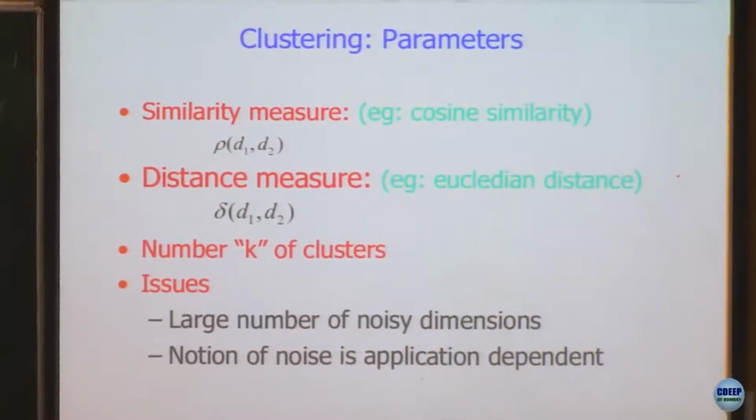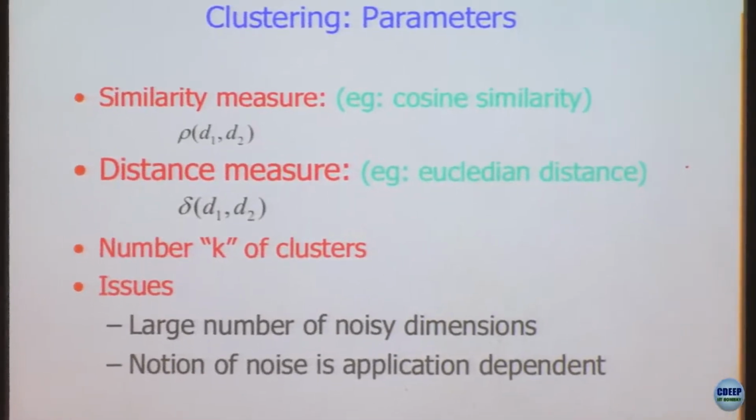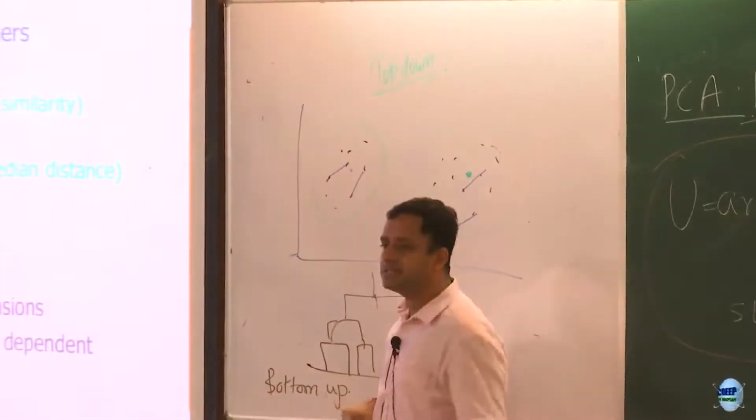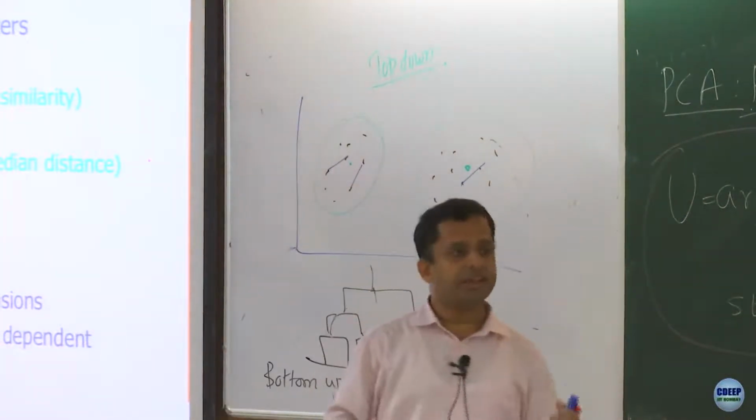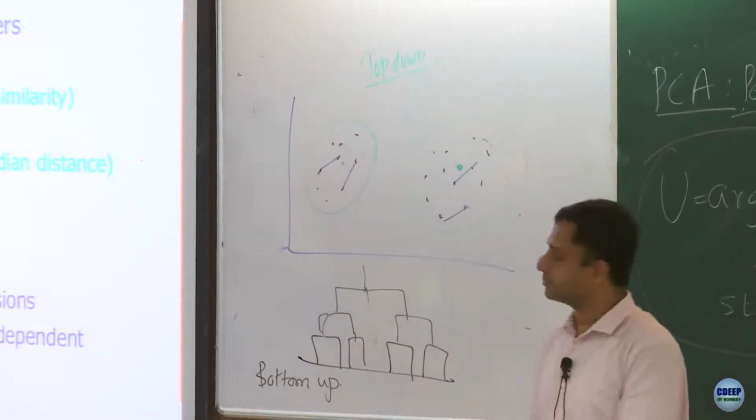Okay, so the other aspect of clustering is, what are you going to use? Are you going to look at similarity between pairs of points or similarity between points and means, or are you going to look at distance? That's another characteristic of clustering methods.